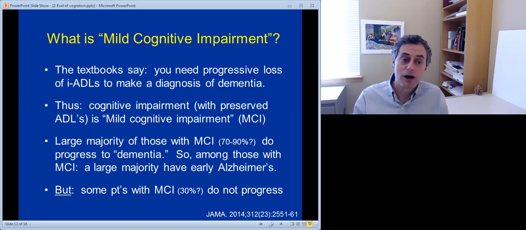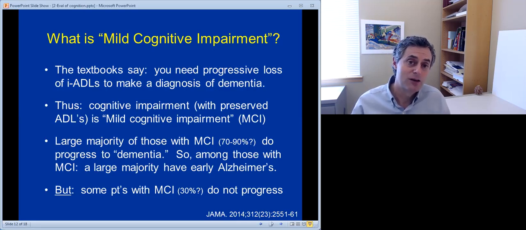So if you have cognitive impairment, a low MoCA score plus some red flags on observer questioning, but somebody is still fully independent with their activities of daily living, then they don't technically have a diagnosis of dementia. The more appropriate diagnosis for somebody like that is mild cognitive impairment.